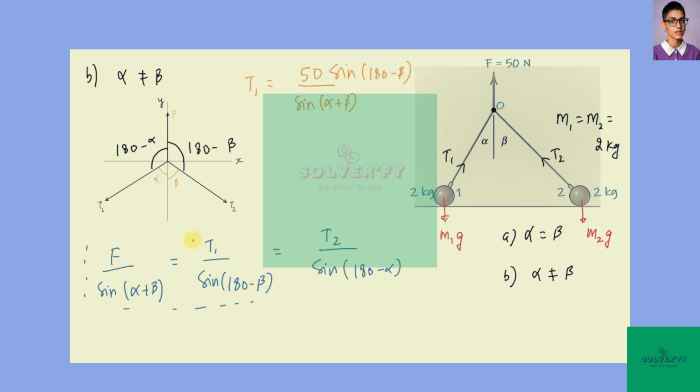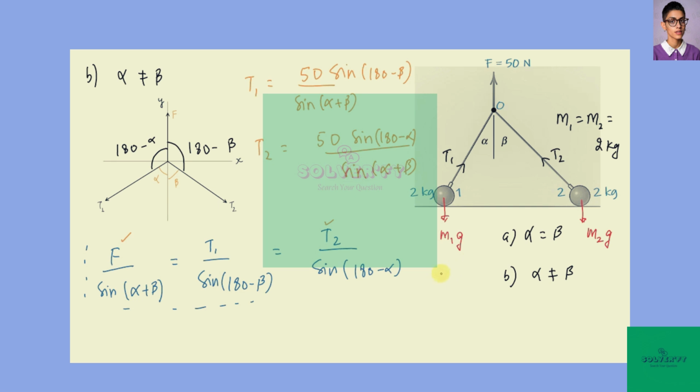Similarly, if we consider these two terms, this one and this one, from here we'll get T2 to be equal to 50 sine of 180 minus alpha divided by sine of alpha plus beta.